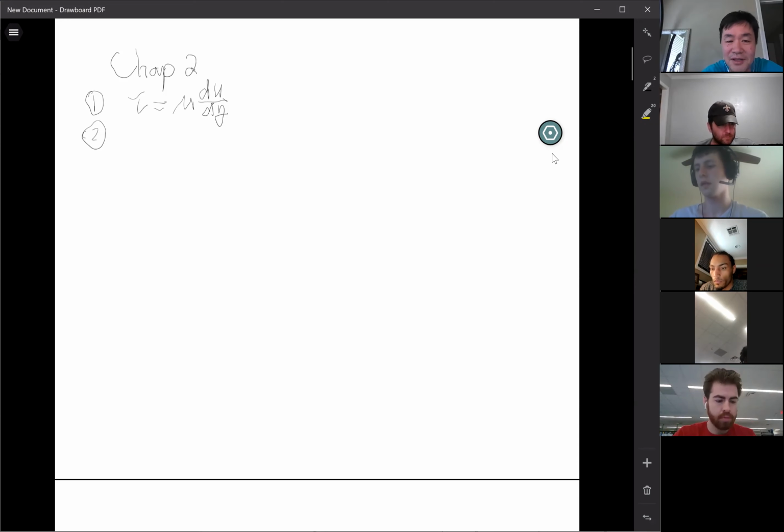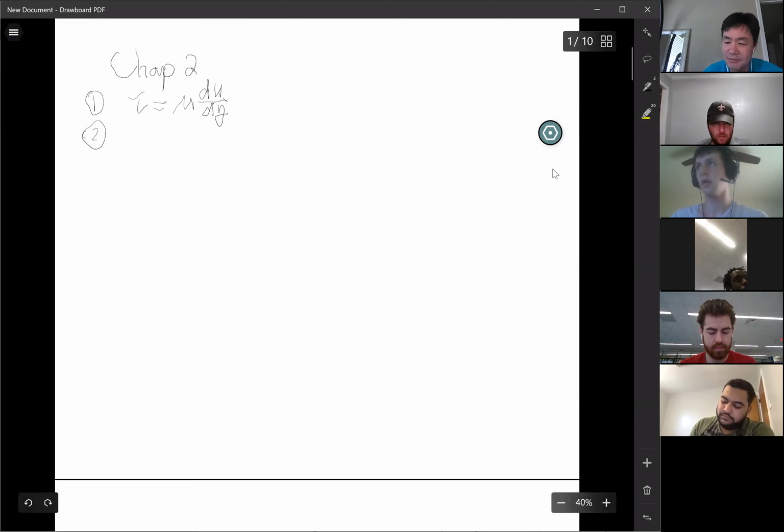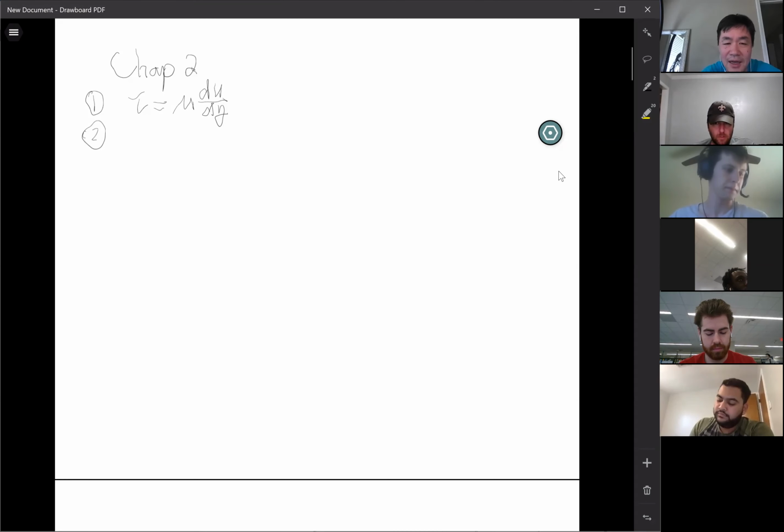Viscosity is the unique fluid property to relate the force and the deformation of the fluid. Strain rate is basically the deformation of the fluid. So that's the first equation. Conceptually, you probably need to fully understand this equation. This is really the cause and effect.